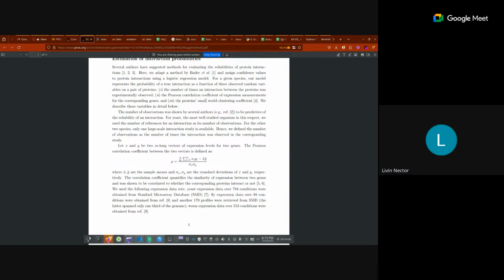These are the features that we are trying to extract from the interaction data.